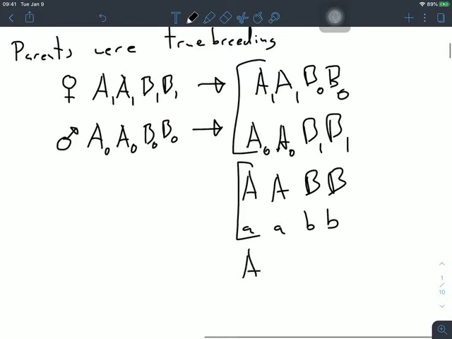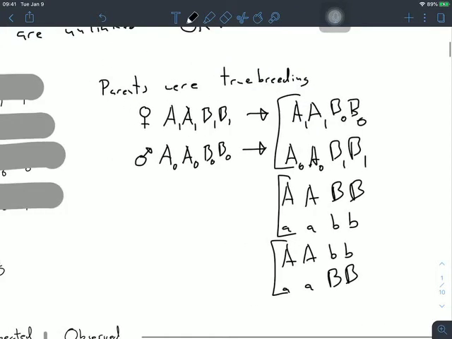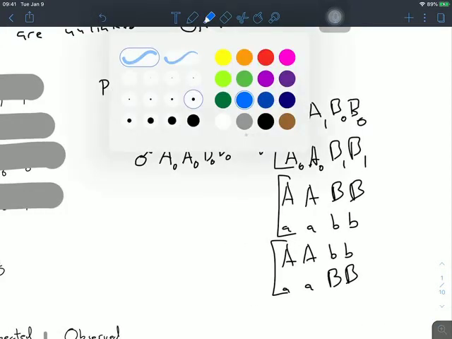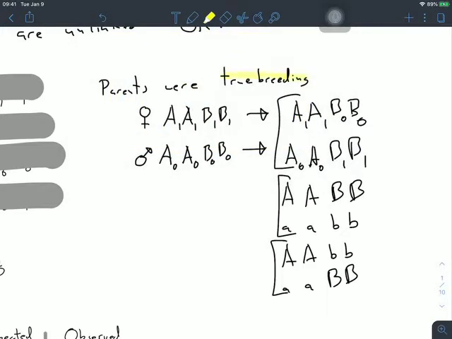You also can have this as a true breeding parent. Because what matters when you are true breeding is that you have homozygous genotypes at each separate locus. So I can change the letters, I can change the numbers, I can change the capitalization.